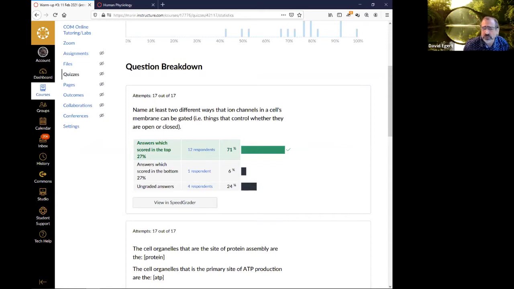Some people mentioned carriers and things like that in their answers. And that's going off into a different kind of transport protein, right? Channels, these gated channels, and not all channels are gated. Some channels are just always open. They're one flavor of transport protein.